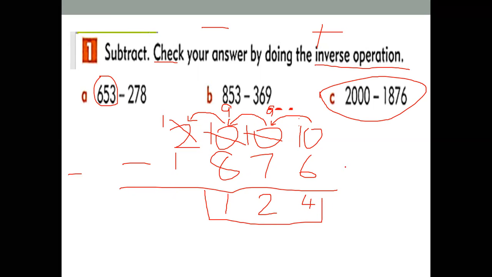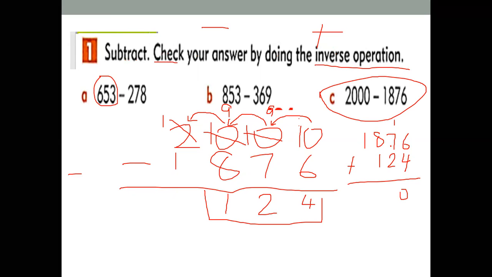So let's check now our answer by adding. So 1,876 plus, remember the inverse of subtraction is addition, plus our difference that we found. Let's check now. Okay, let's add. 6 plus 4 is 10.